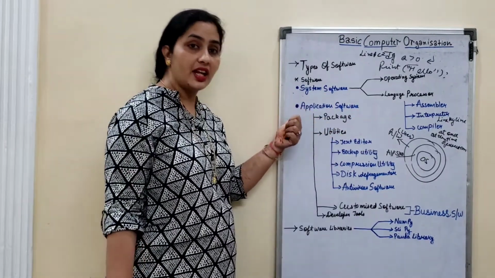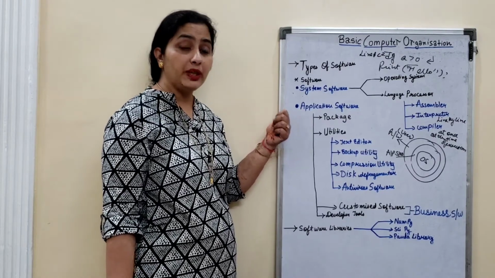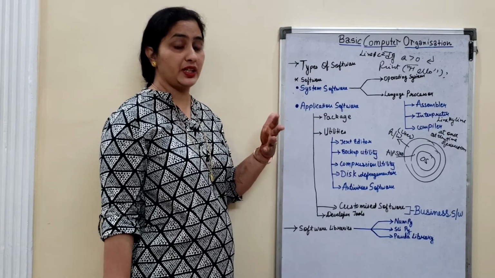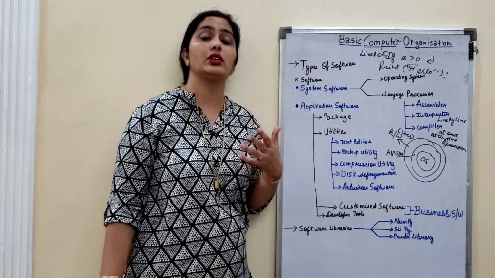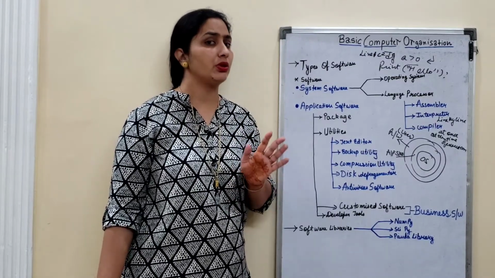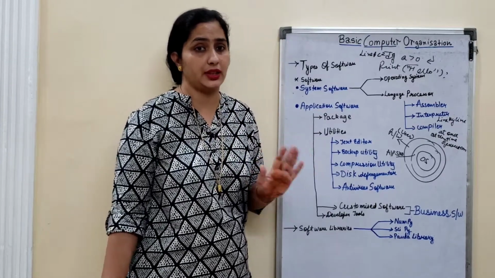Now if we see the next bifurcation of software, that is application software. Application software are those software which come after the operating system, which help you to run any particular application. In that particular application you are only allowed to do that work, nothing more than that. They cannot do anything else.